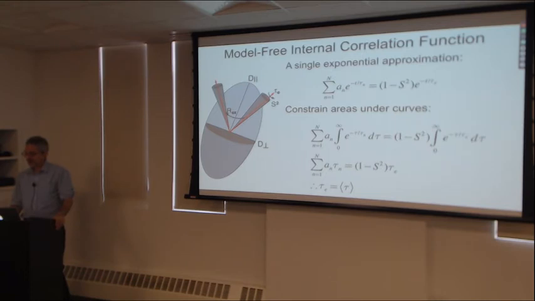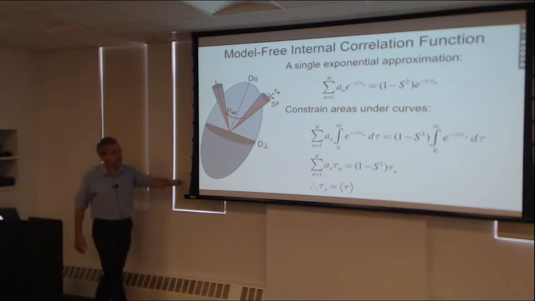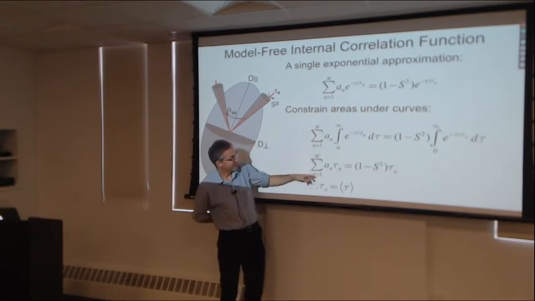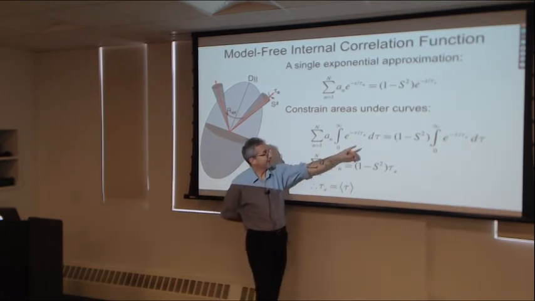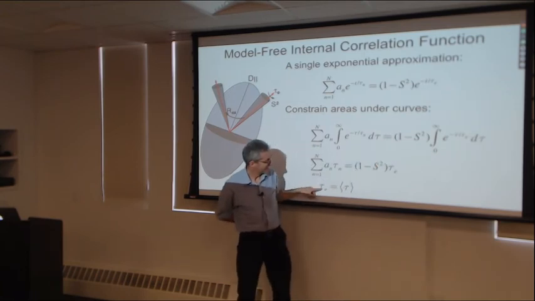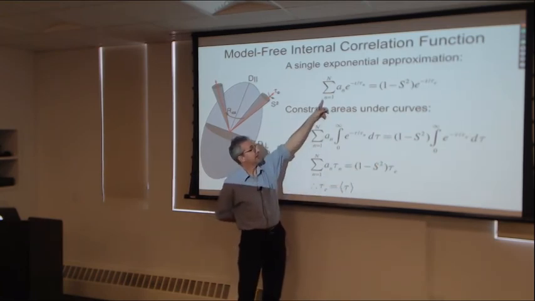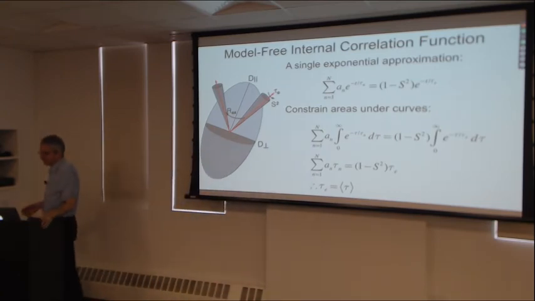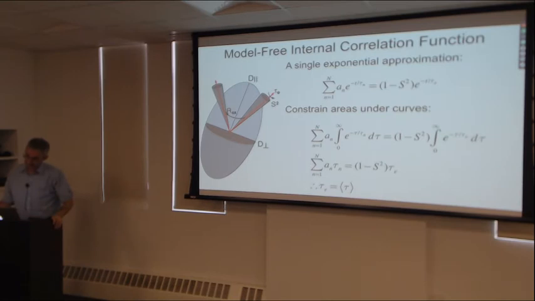And their idea was to constrain the area under the curve to be equal. So they just integrated both sides, set them equal to each other, and that leads then to a definition of this effective correlation time that is the mean correlation time for whatever this expansion was. So sometimes people criticize the model-free approach by saying it assumes a single exponential decay.